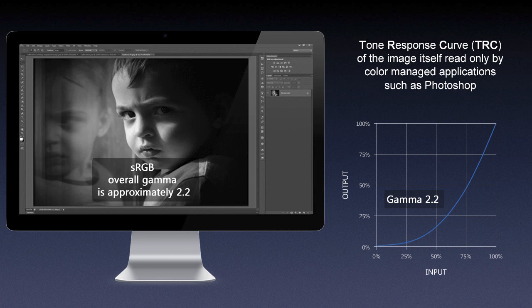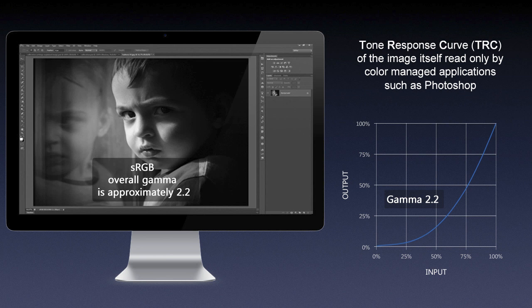But sRGB is something we haven't talked about, but I'm sure you're familiar with it. sRGB is a profile that you see in most images, and it has a tone response curve that's very similar to gamma 2.2. It's not exactly, but overall it's very similar.